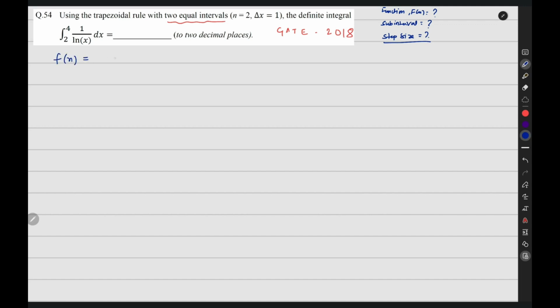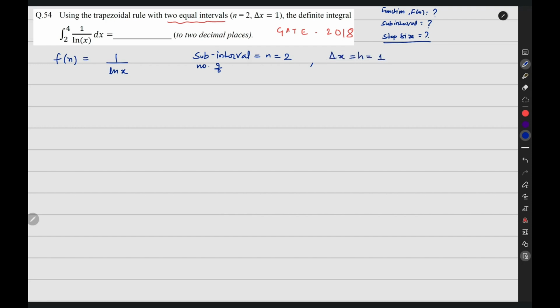So now we will write the function: f(x) equals 1 by ln x. Subintervals is given in the question, that is n equals 2, the number of subintervals. And the step size is also given as 1.